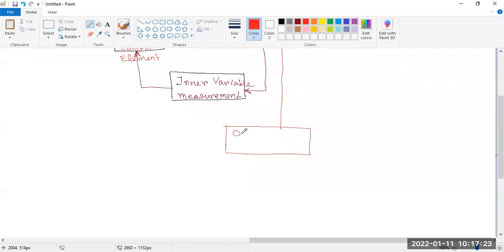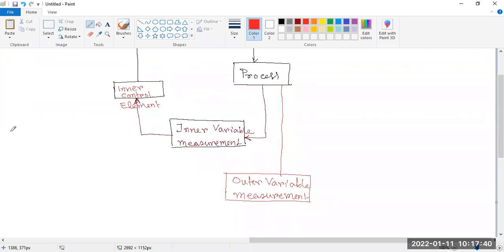This is a feedback path, impedance variable measurement, of the secondary side, that means Z2.